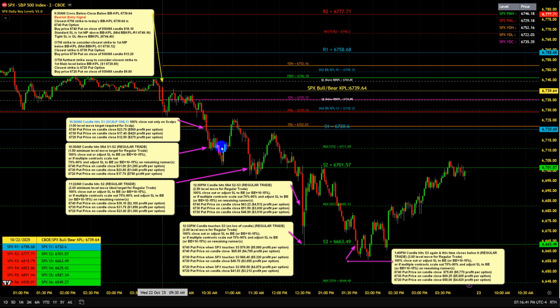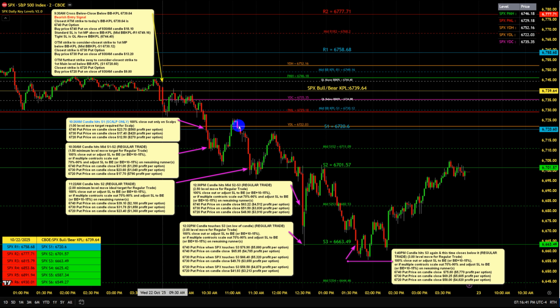Okay, so here you can see it came down from there. It did not quite make it to S2, and then we had to retrace back up to test the S1 as well as yesterday's RTH session low. However, it broke back shortly thereafter under yesterday's RTH session low, and then subsequently broke under S1.